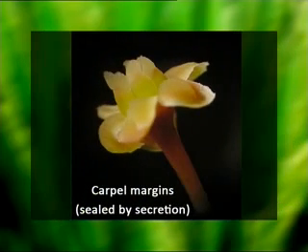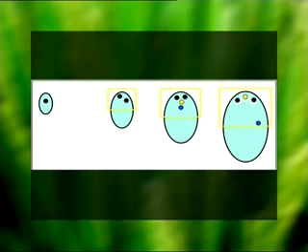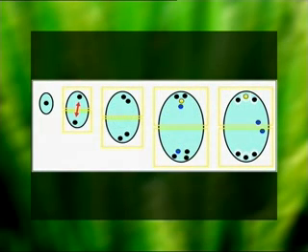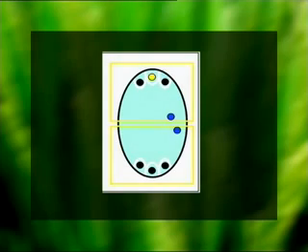This group may be characterized by carpel margins usually sealed by a secretion, whereas in the majority of angiosperms the carpels are closed by postgenital fusion of epidermal layers. Members of these lineages have a 4-nucleate female gametophyte and, interestingly, diploid endosperm, whereas most angiosperms have an 8-nucleate female gametophyte and a triploid endosperm.